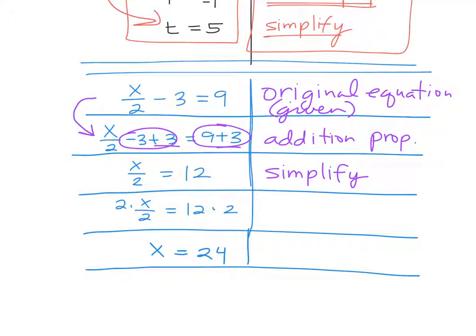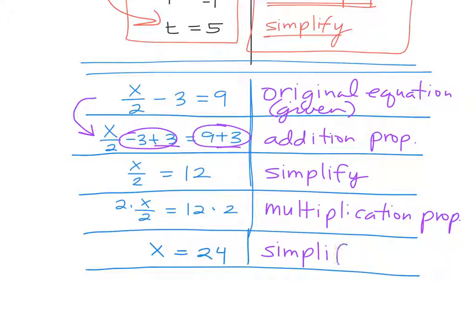Then we multiplied both sides by 2, right? So that is the multiplication property. And then to actually multiply those, 2 times 1 over 2 is x, and 12 times 2 is 24. So you just say simplify.